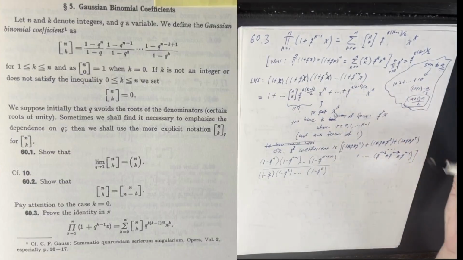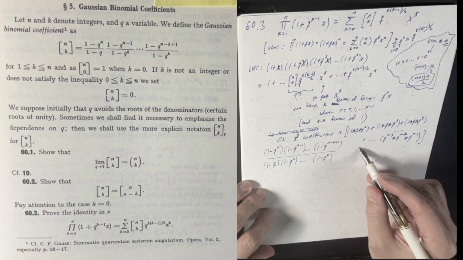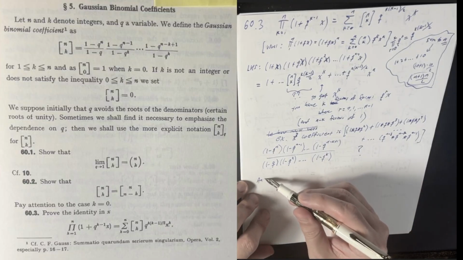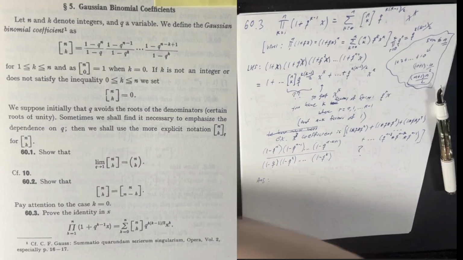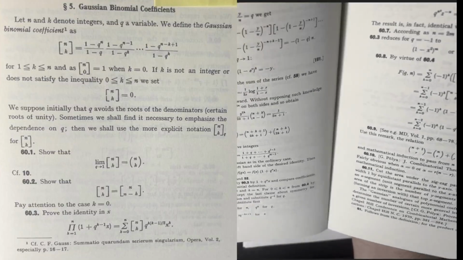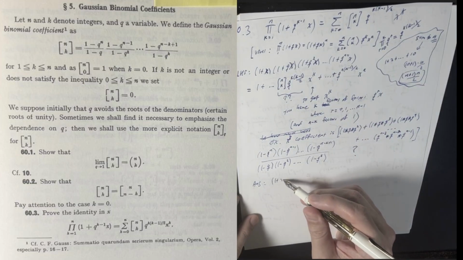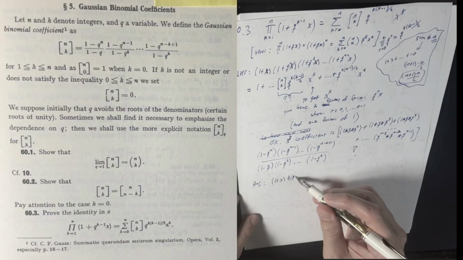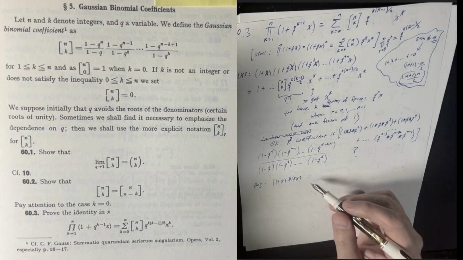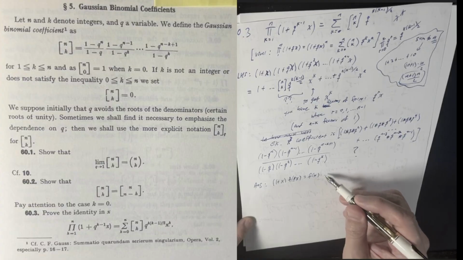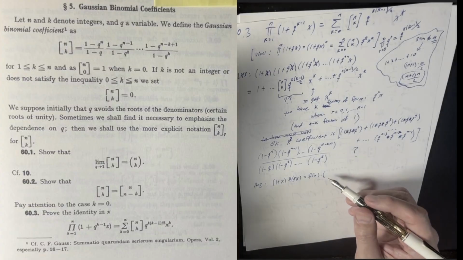So I'm going to think about this some more, but the actual answer is to observe that 1 plus x f of q is f of x times 1 plus q to the n.